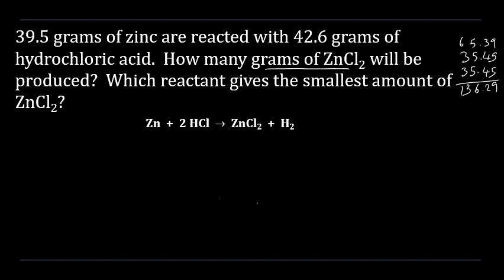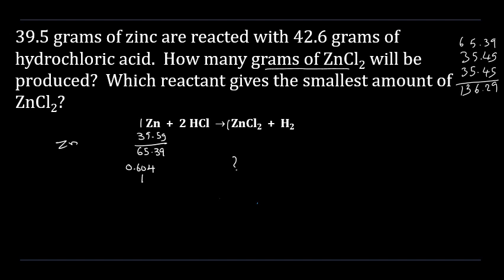Now the same question with the cross multiplication method. I have Zn information given: 39.5 grams. Convert that into moles, using 65.39 from the periodic table for the Zn molar mass. Then I will get 0.604 moles of Zn. How many moles of ZnCl2 is that? According to the equation, I have 1 mole of ZnCl2 because the coefficient is 1.